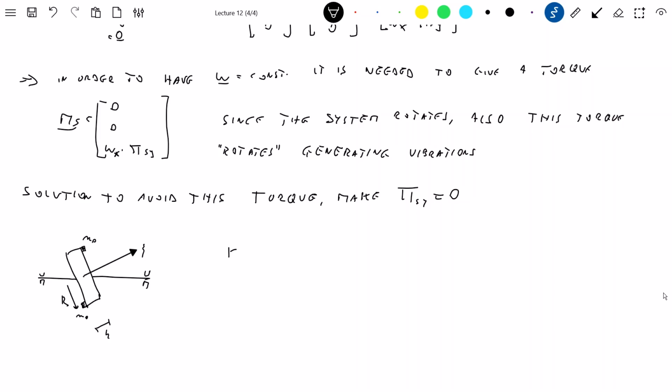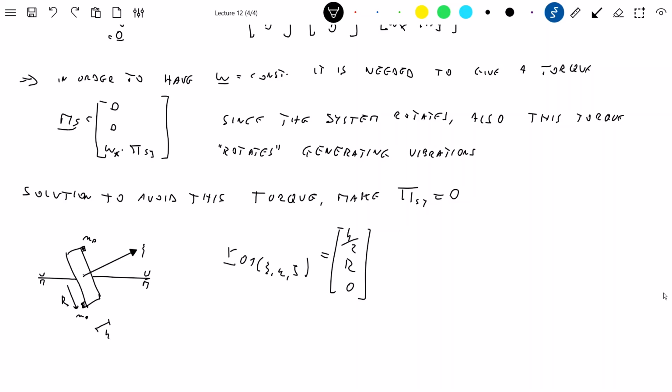Let's say this is the first mass. The position vector of the first mass, r01, in the xi eta zeta reference frame is equal to h over 2, r, and 0. Because this is the position vector of this mass m0 with respect to the center.